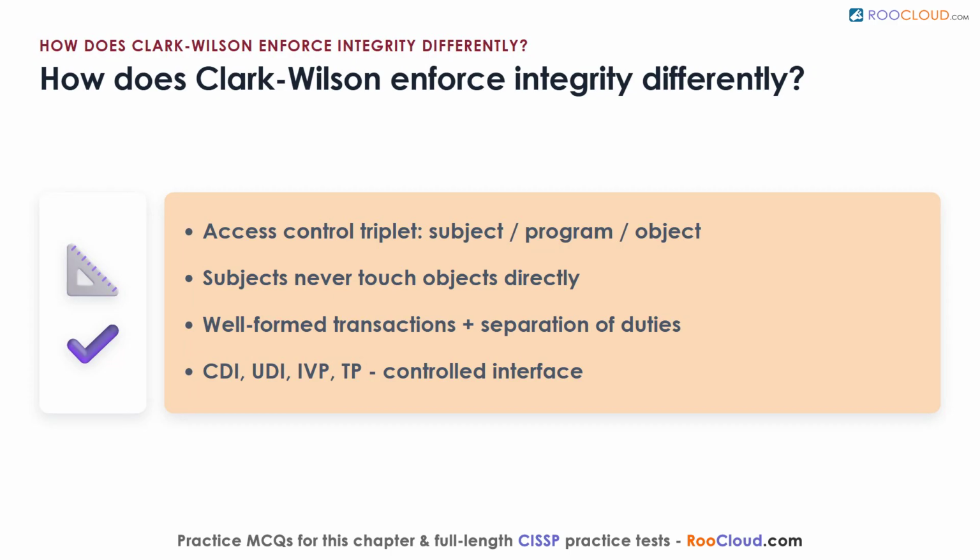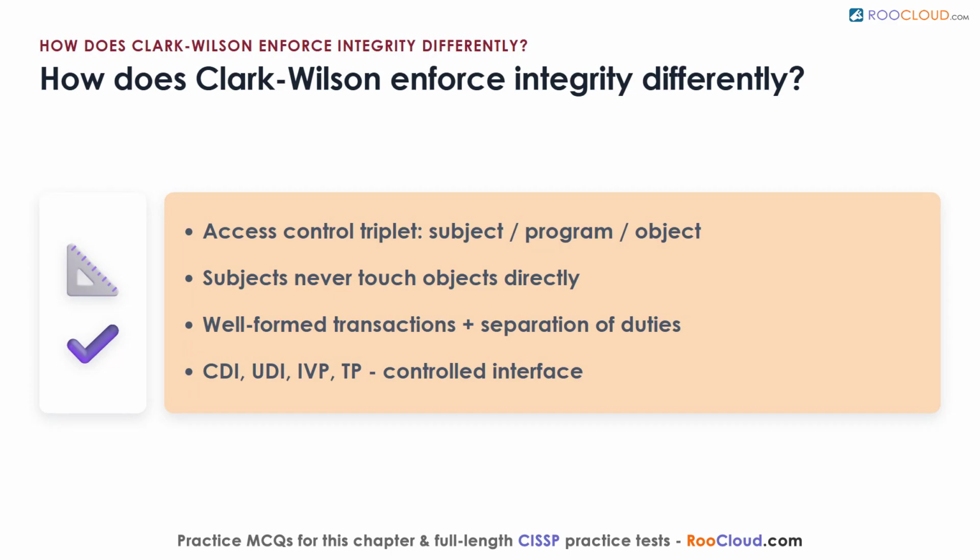Protected data is a constrained data item. Unvalidated data is unconstrained. A verification procedure confirms integrity, and only transformation procedures may modify protected data.